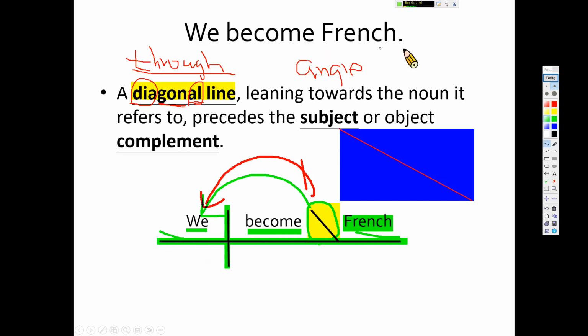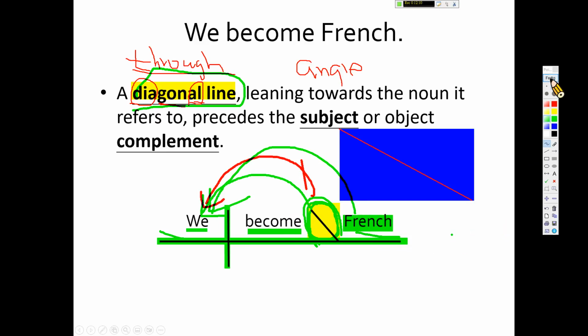So we become French. We become French. French is we, right? Okay, so remember, this is a new addition that we need to know. So the purpose of the diagonal line leaning toward the noun it refers to, preceding the subject complement, is the way we divide the linking verb or be verb from the complement.